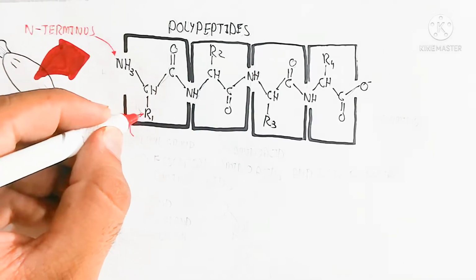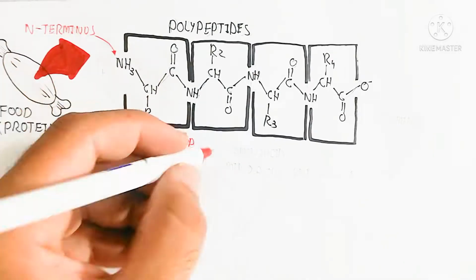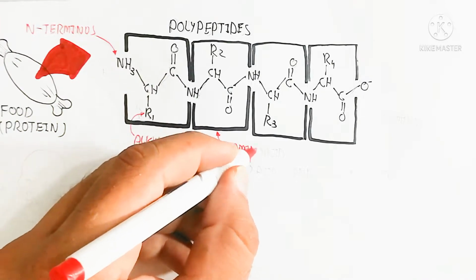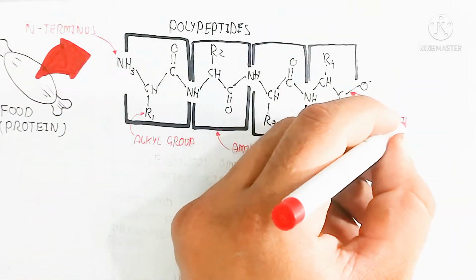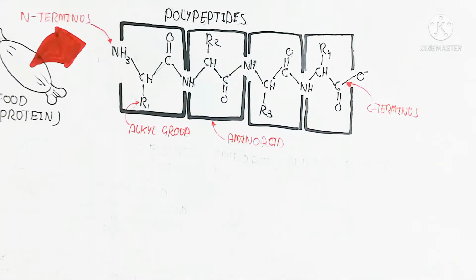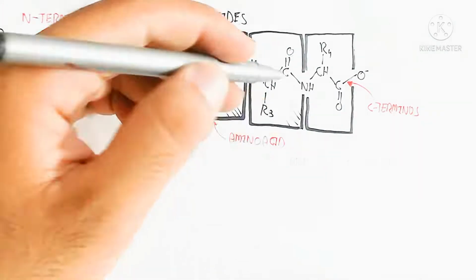So let's begin to understand. First is the digestive system, and then we will understand the digestion of protein. The amazing thing is that there are essential amino acids and non-essential amino acids.